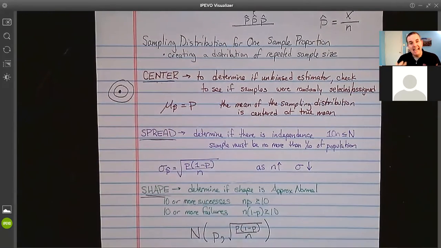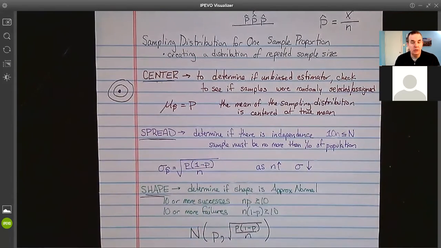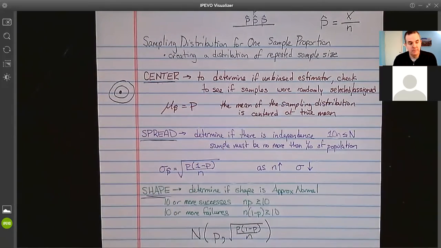We handle that by determining if things were done randomly, and we'll learn that from the problem. If it says things were randomly selected, or people were randomly assigned, that's our check to determine whether something meets the criteria for center, if it's an unbiased estimator.